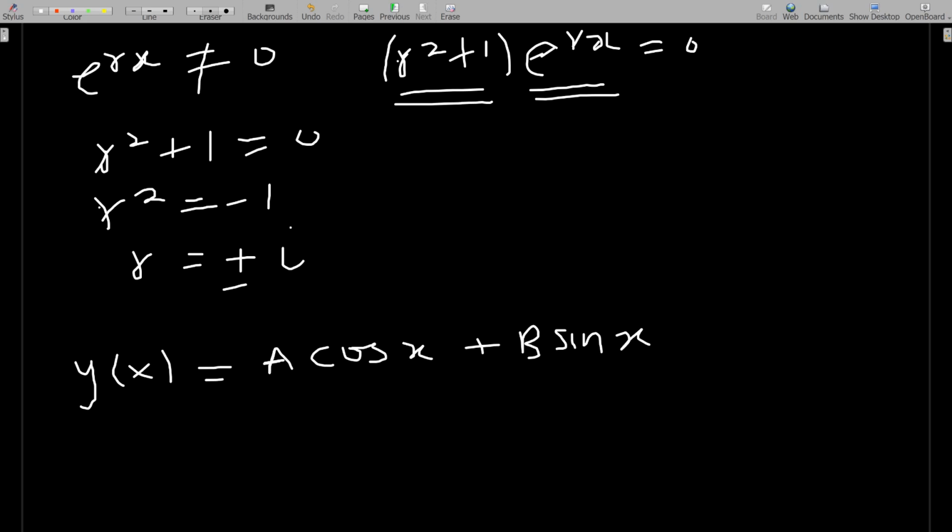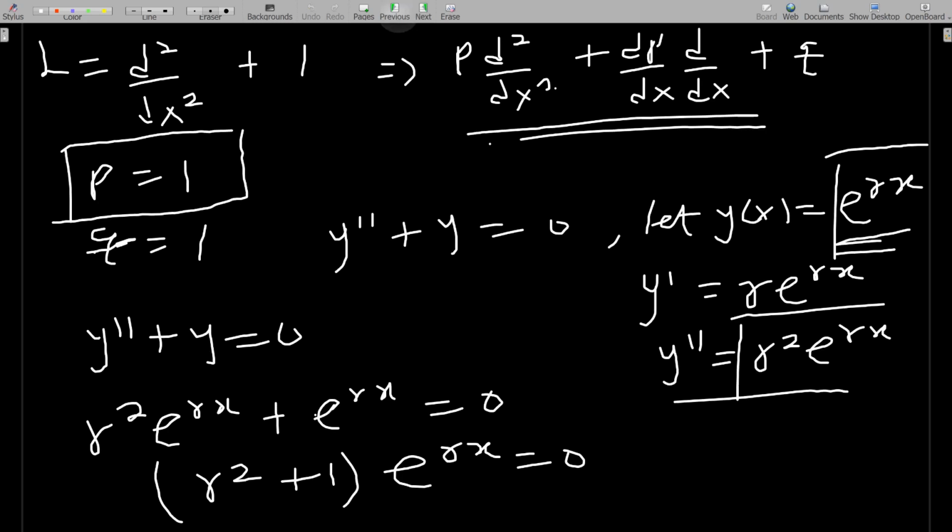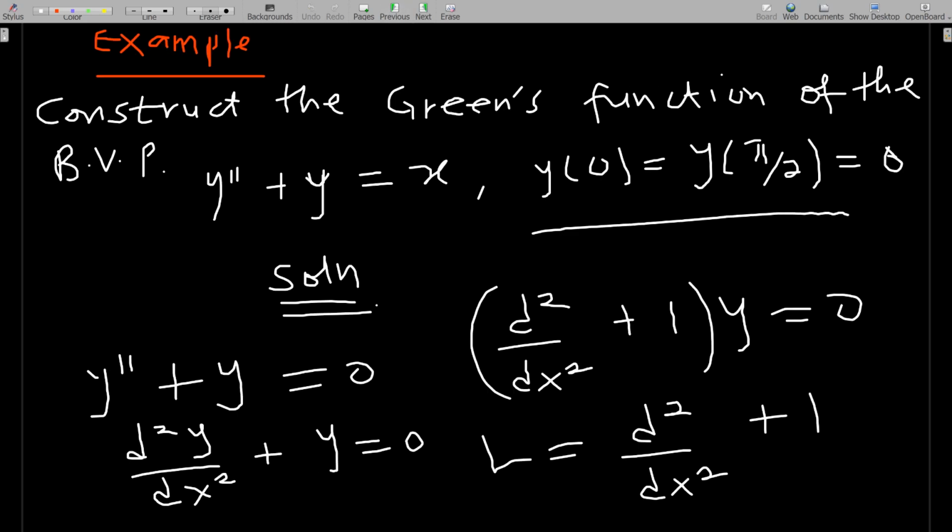So now let's go ahead and check for the existence of our Green's function. If indeed a Green's function exists, then this BVP should have only the trivial solution. So you use these boundary conditions: y of 0 equals 0.